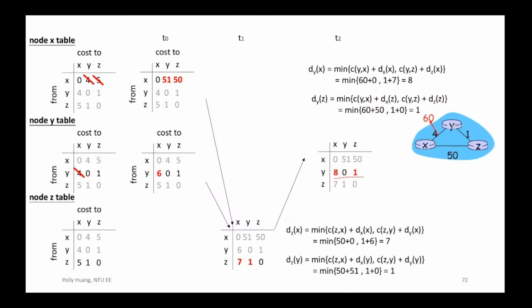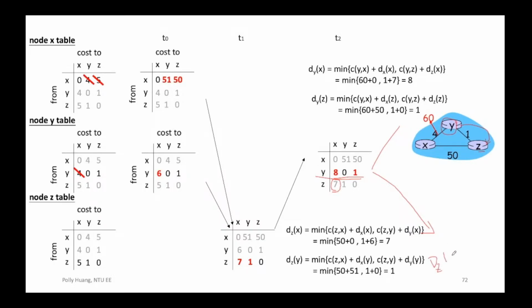But y actually believes firmly that z is the best neighbor to forward the packet, because z knows a way which takes only 7 to go to x. And this is going to go on, because y is going to announce dy also to all the neighbors, and z is going to recalculate dz.